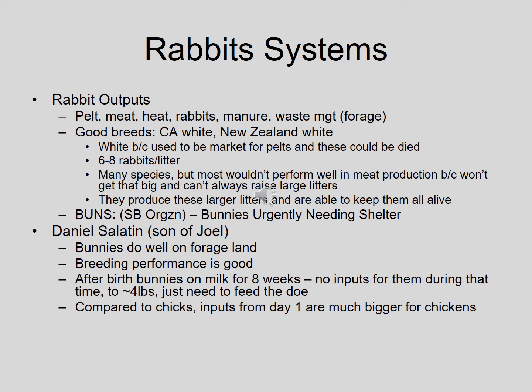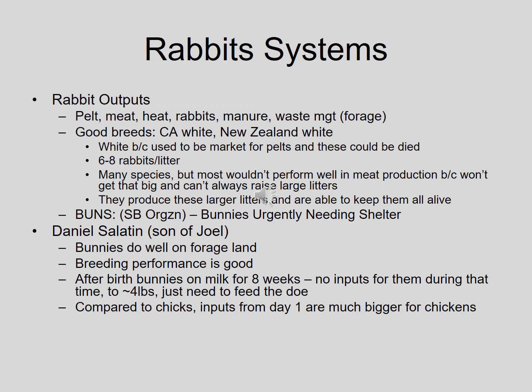And another great thing about these is that baby rabbits, bunnies, nurse off their mother for 8 weeks. So you have 8 weeks where these mothers are raising a big part of your herd of rabbits, and they're taken care of. And they get up to be almost 4 pounds before they've stopped nursing. So that really takes them through the danger zone.